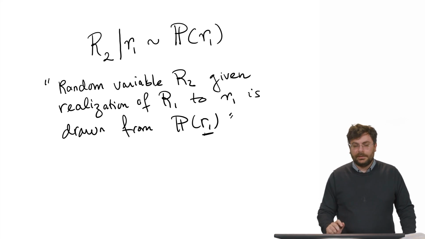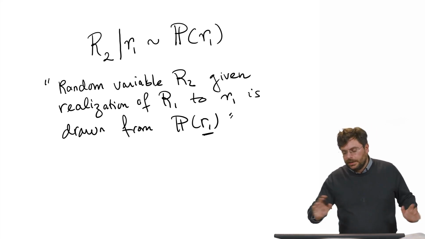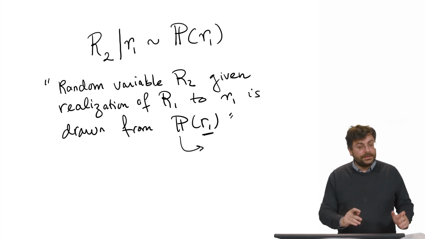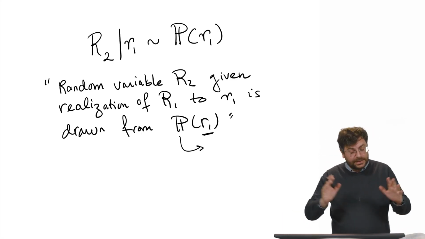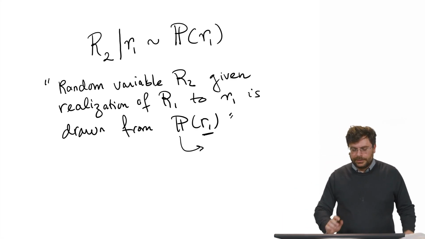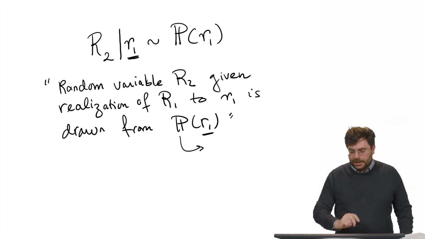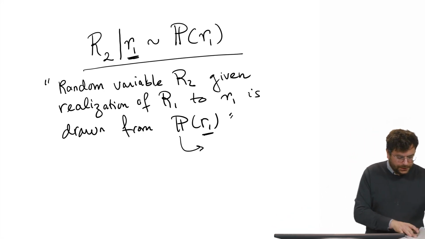It depends on R1. R1 basically becomes a parameter in this distribution. Now, how it becomes a parameter and what exactly the form for the associated probability density is depends on the specifics of the problems. And we'll be seeing a lot of such problems to be able to answer a lot of these questions that have conditions. But for the moment, this is how I interpret this statement right up here.